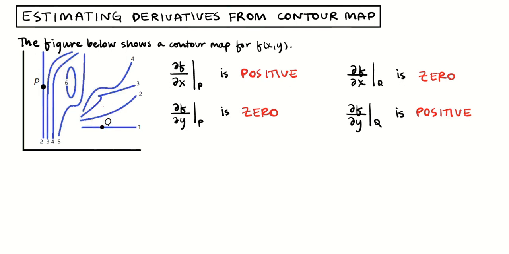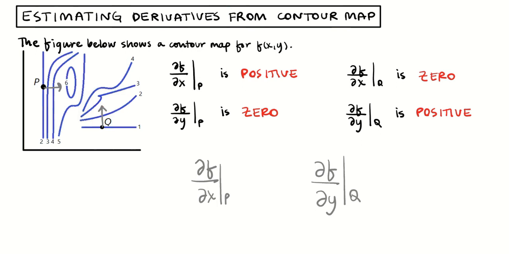And now if I had to compare these two things that were positive, if I had df dx at point P versus df dy at point Q, which one's bigger? Well, at point Q, I'm going up, and I'll try to leave these arrows the same length.